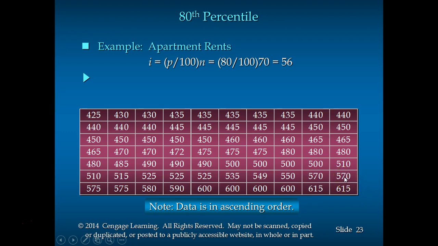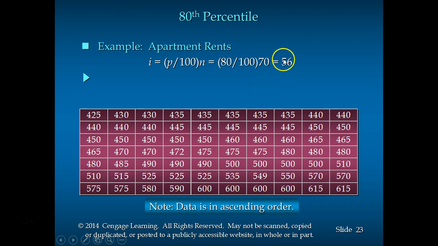This is 70. So this is, yes, it's about 10 each one. So 70, so this is 70, right? So this is 61, 60, 59, 58, 57, 56 is this one.